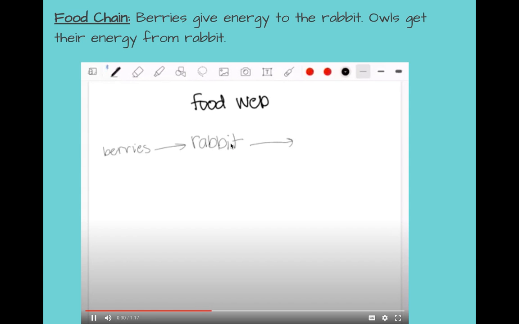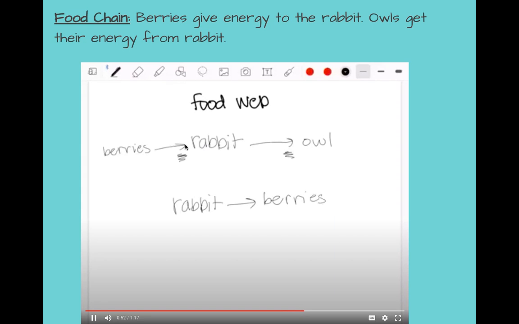Now, owls get their energy from the rabbit. So we know that that means that the rabbit gives its energy to the owl. Notice this arrow is on this side because it's showing you who gives energy to who. We're not saying that the owl eats the rabbit, right?